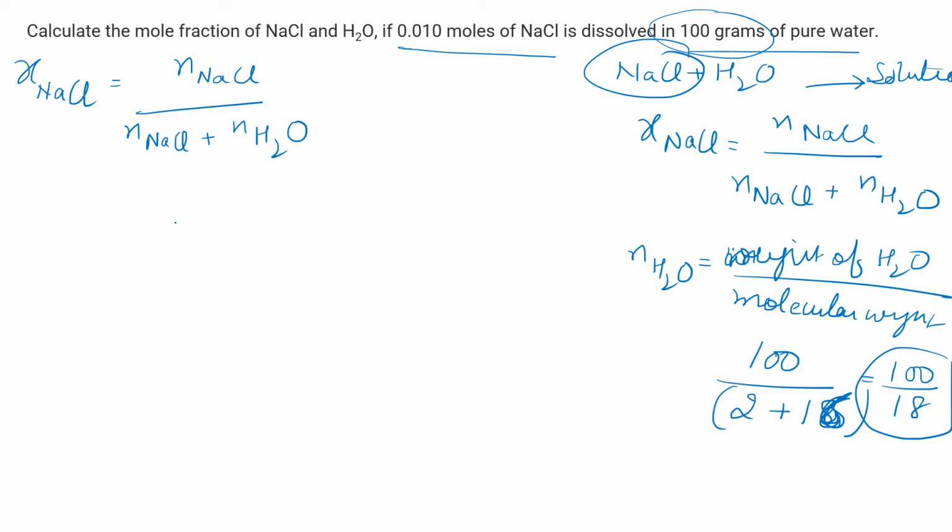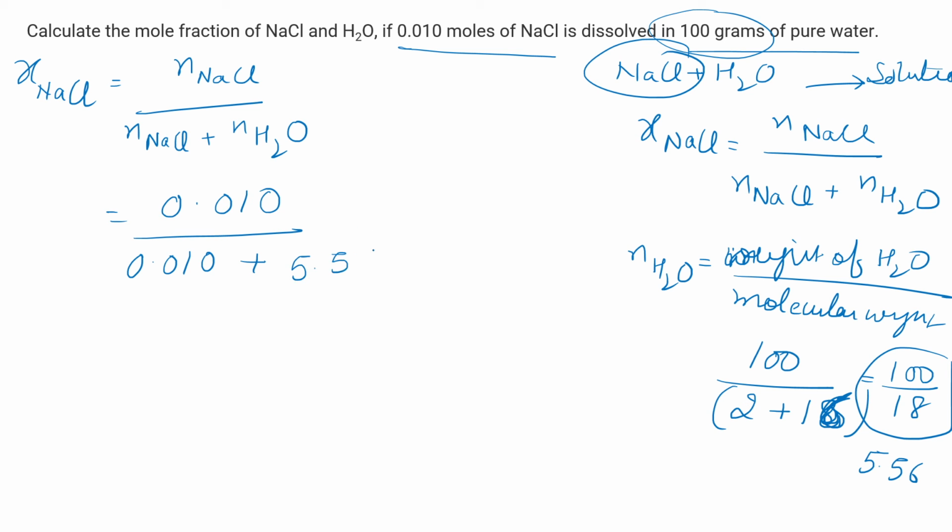Putting these values over here, number of moles of NaCl they have already provided, 0.010. Number of moles of NaCl again 0.010. Number of moles of H2O we have calculated: 100 divided by 18 will give you 5.56. The value will be close to 5.56.